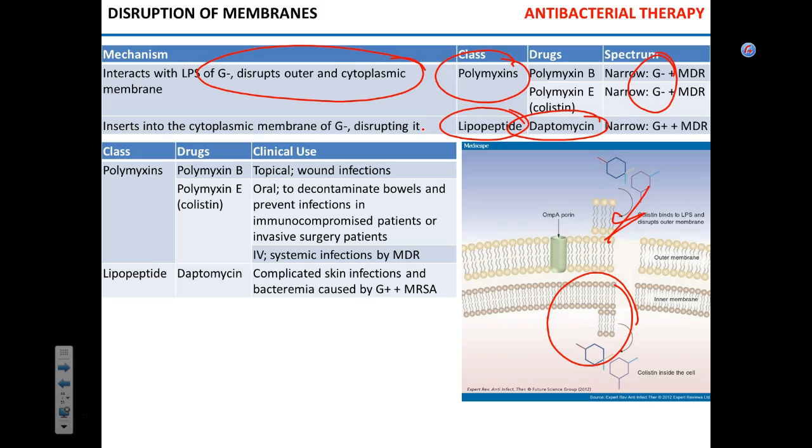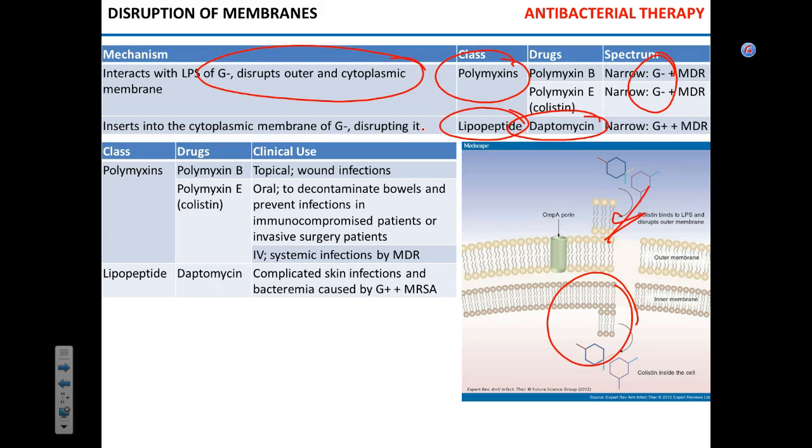Okay? And that pore now allows the flow of ions across the bacterial membrane, eventually leading to ionic imbalances, osmotic water flow, and cell lysis. So it's kind of piercing the membrane.